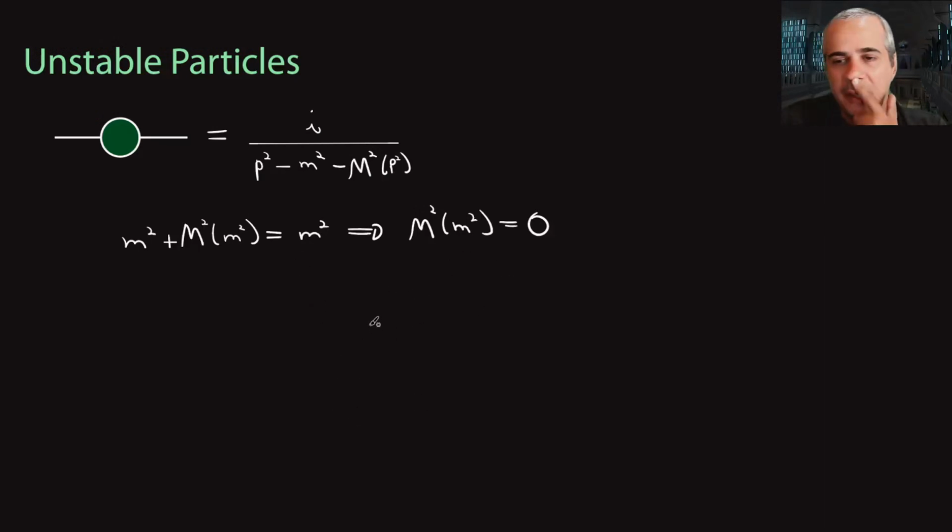But now we know that this sum of 1PI functions develops an imaginary part once this particle can decay. If this is an unstable particle, that means that there are regions of p squared where this develops an imaginary part.